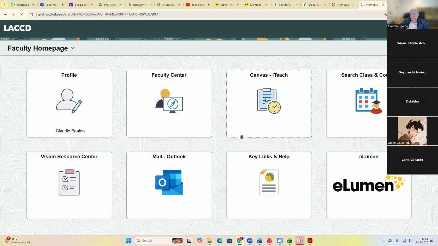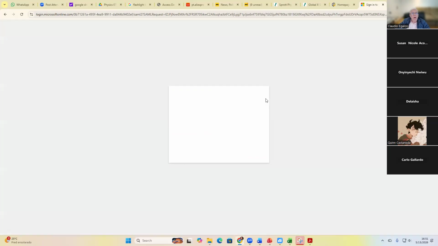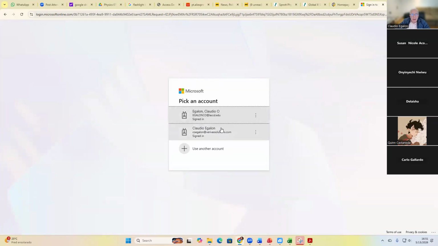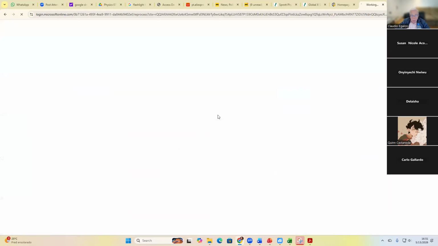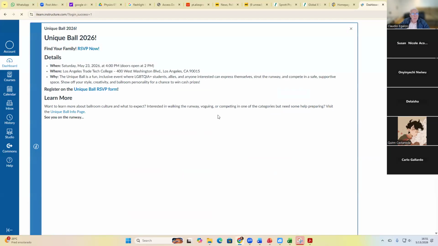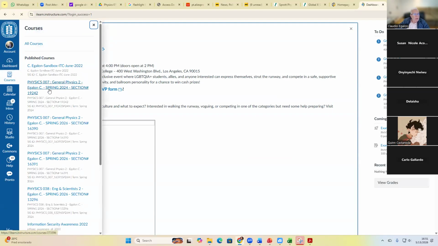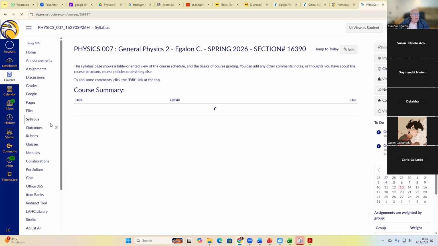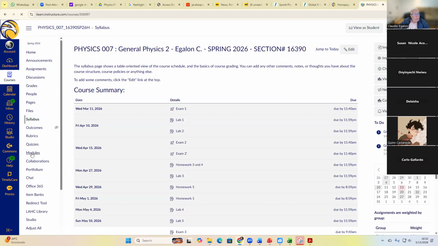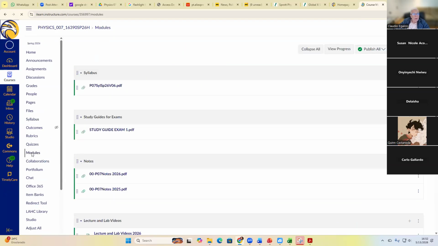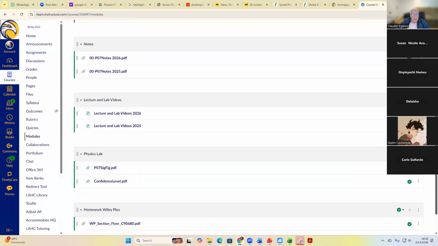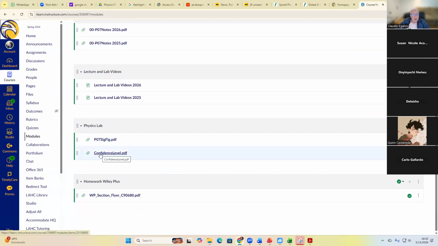Canvas. It was so convenient to have that Canvas link there, in that drop-down menu. And LACCD. We are going to go to the Physics 7 390 section. And we got to go to modules. Confidence level, right in here.